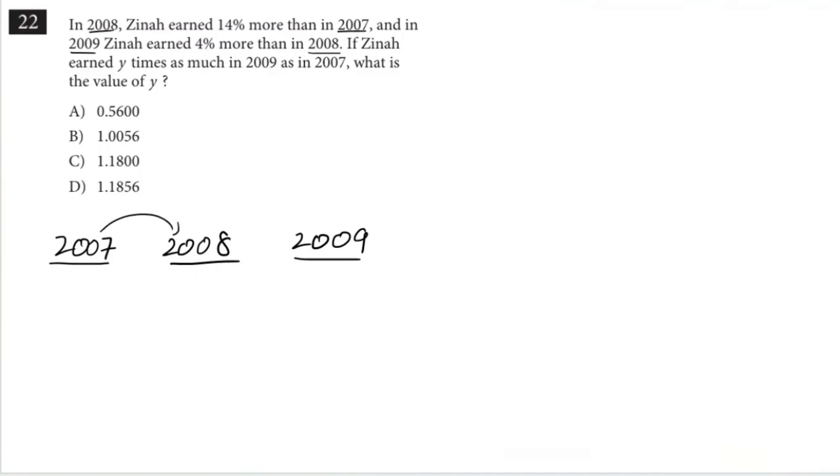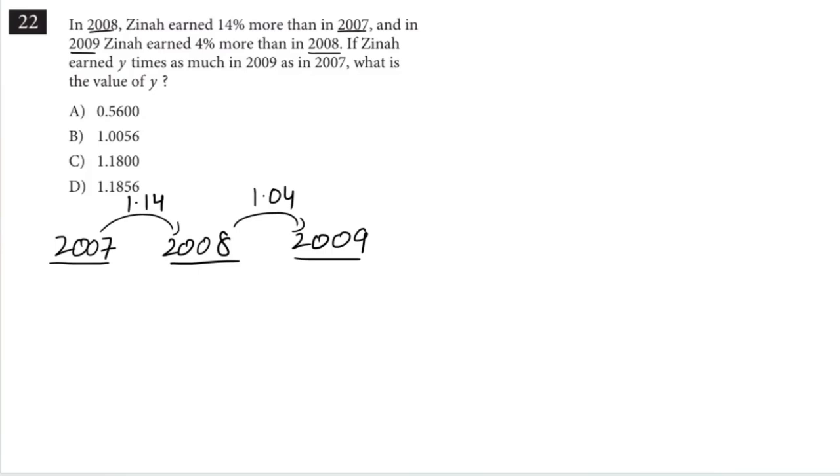Here she's earning 14% more, so 114% is 1.14. And in 2009, she's getting 4% more, so that's 104%, 1.04. If Zyna earned y times as much in 2009 as in 2007, what is the value of y?